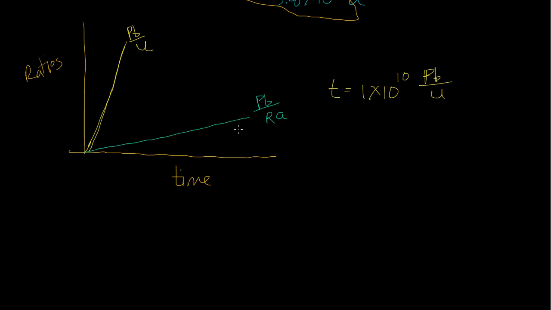So for example, let's use an example here. We go out, we measure a rock that has a lead uranium ratio of 0.02.